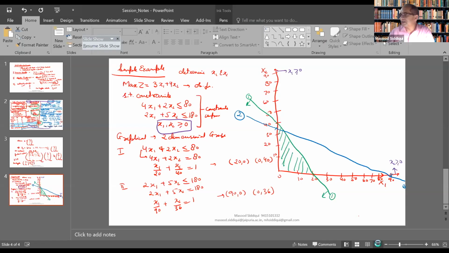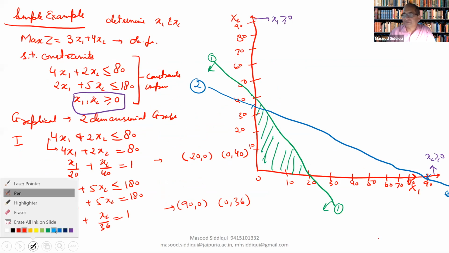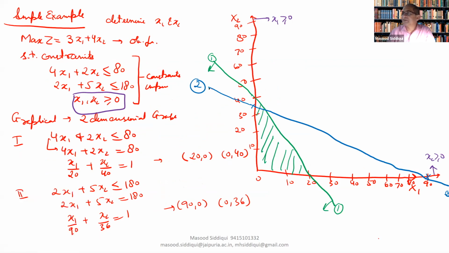And since we are considering the less than or equals to part, this is the less than part. If we consider this part, it is denoted by the blue part.